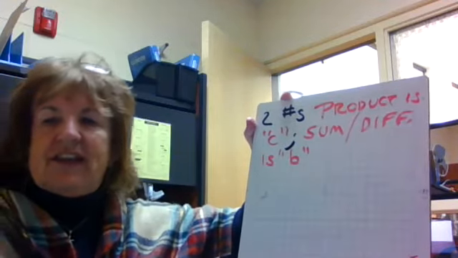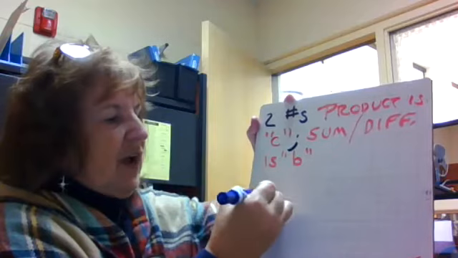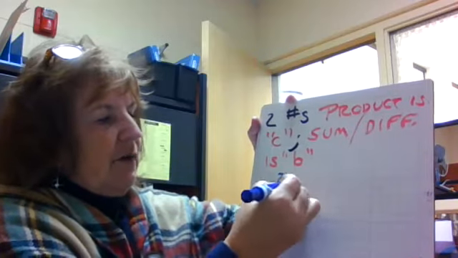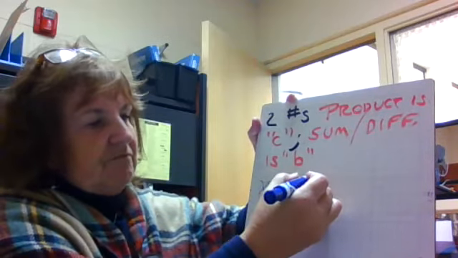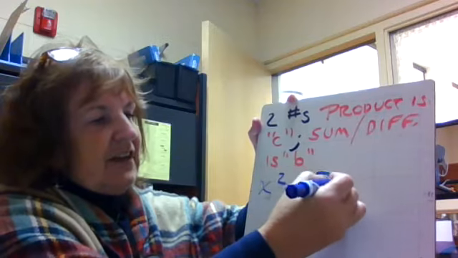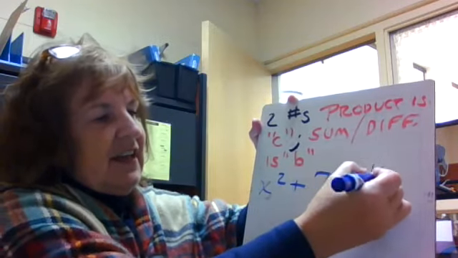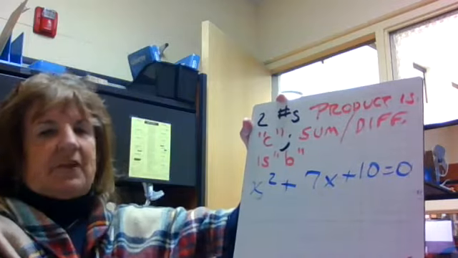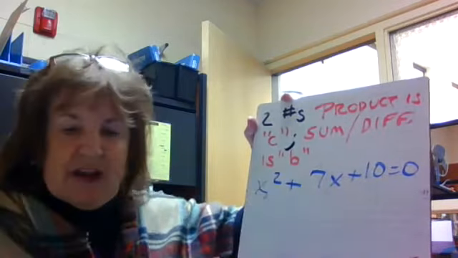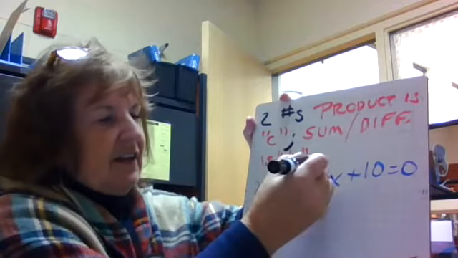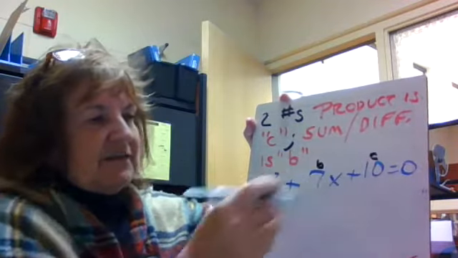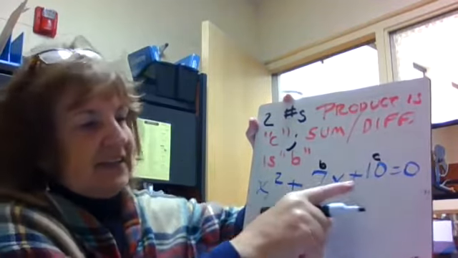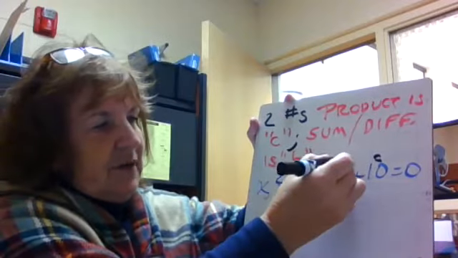Let's do x squared plus 7x plus 10 equals 0. This is B right here, and this is C. And this is plus, so it's going to be a sum.